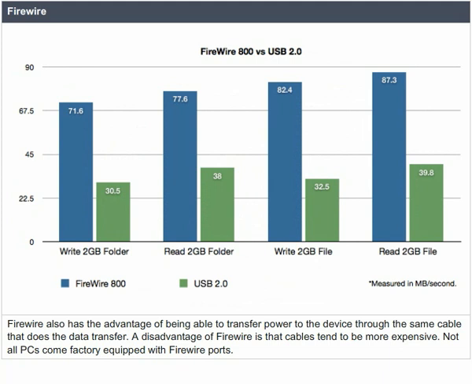FireWire also has the advantage of being able to transfer power to the device through the same cable that does the data transfer. A disadvantage of FireWire is that cables tend to be more expensive. Not all PCs come factory equipped with FireWire ports.